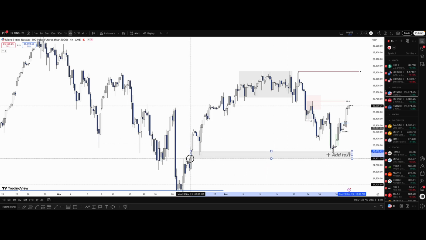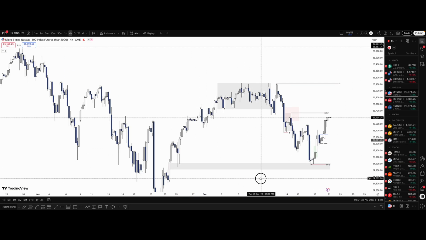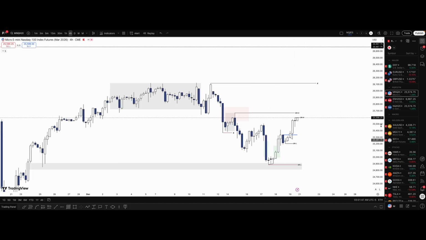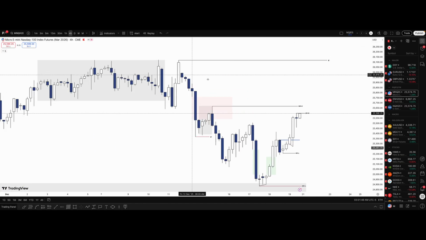This internal liquidity is still being respected, right? Price went in, created an external liquidity, went up higher, created an external liquidity, went up, retraced, created all of these retracements are caused due to this, right? All of these things.